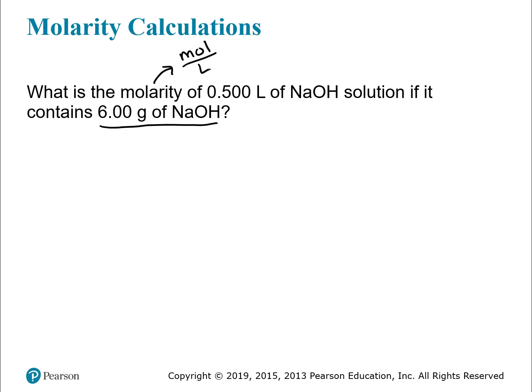We have grams, so we can't just divide 6 by 0.5 and get an answer. Well, we could, but it wouldn't be the right answer. We have to take those grams and convert them to moles first. The way that you take grams and convert to moles, this is chapter 7, we need the molar mass.